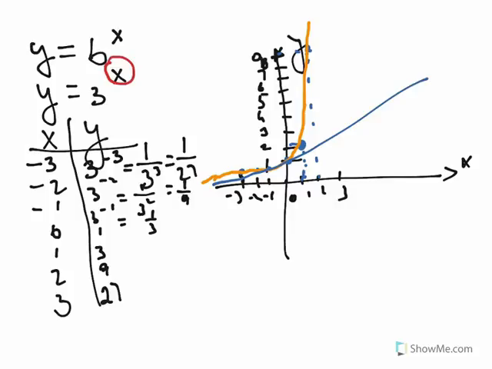An asymptote is the line that my graph approaches but never ever crosses. In our case, the x-axis is the asymptote. Take a look: my orange graph approaches it, approaches, never ever crosses it. So the asymptote is the x-axis in this graph.